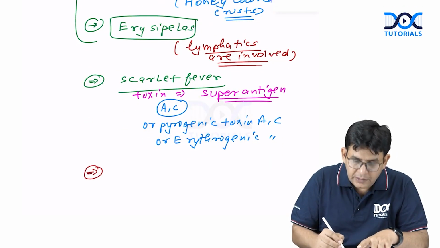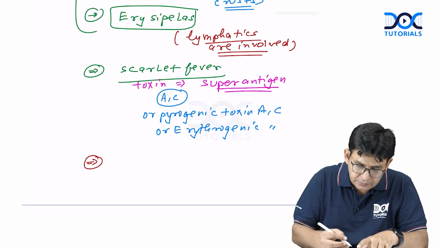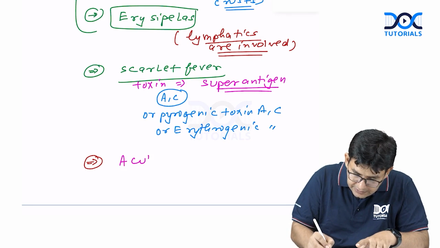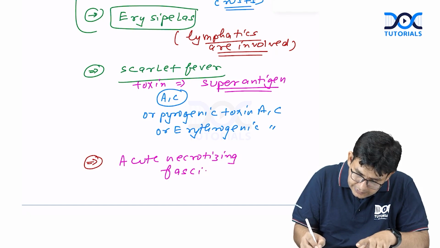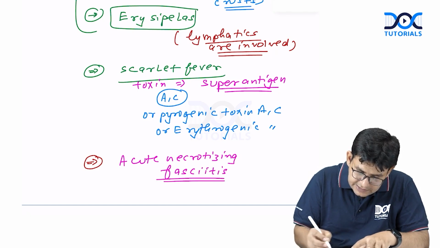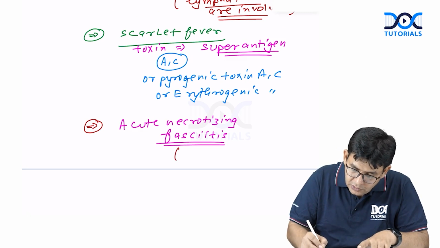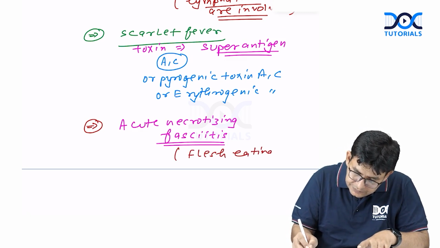Besides this, what else you need to know here is that it also leads to a condition termed as acute necrotizing fasciitis. Acute necrotizing fasciitis, and because of this, it is also termed as flesh-eating bacteria.